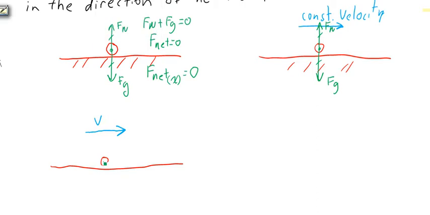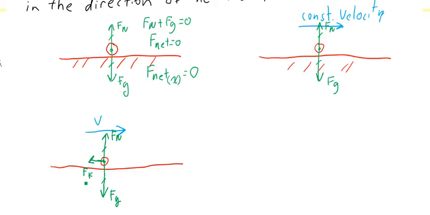The forces on the ball are, of course, force gravity, force normal, and once again they're the same. And the other force in this example is Fk, or the force of friction on the ball.